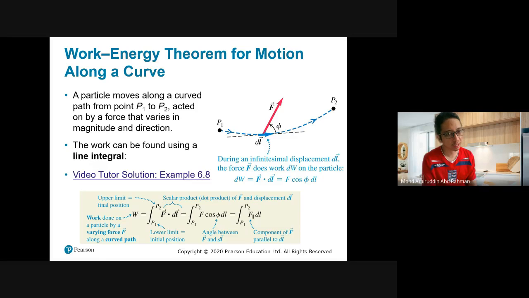Because F has an angle of phi, it is F cos phi dl. That is the component of F parallel to dl, so we consider that. So let's look at the example.